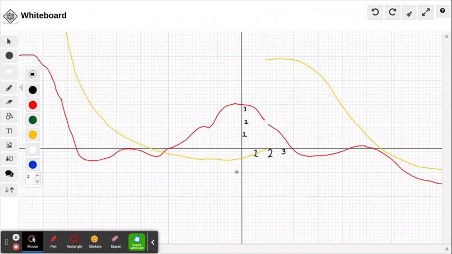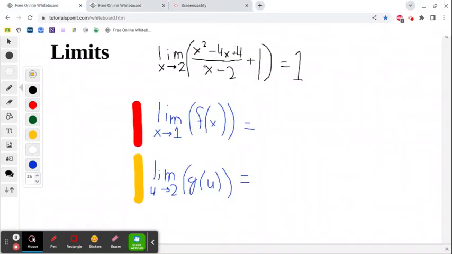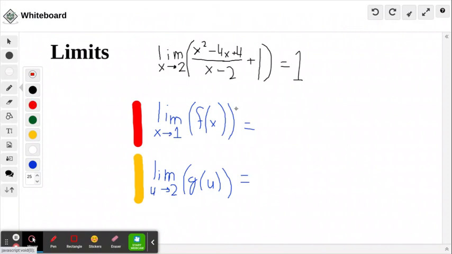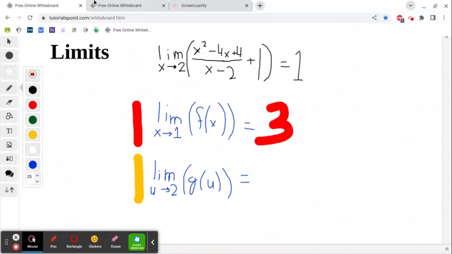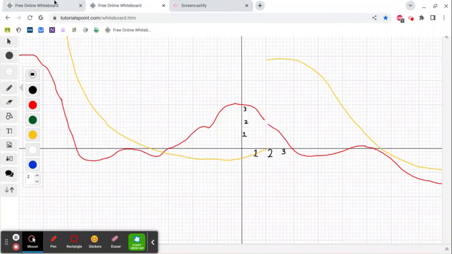It looks like it's just completely normal, so we can view the graph at 1 and trace up. It looks like at x equals 1, the graph of the red line is at 3. So that means the limit at that value of f of x is 3. That's a little big. I didn't realize it was going to be that big. But there's your answer.